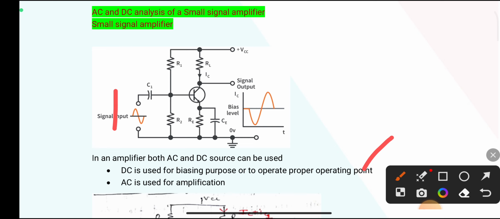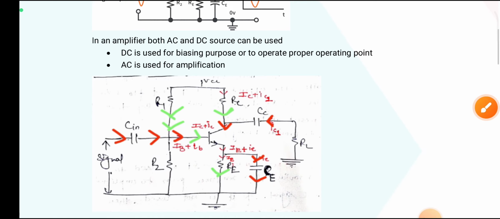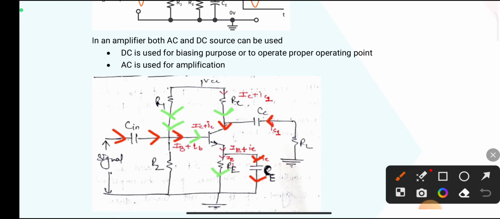Next, you can see in this circuit both AC current and DC current flow inside the small signal amplifier. The red arrow indicates the AC current and the green arrow indicates the DC current.